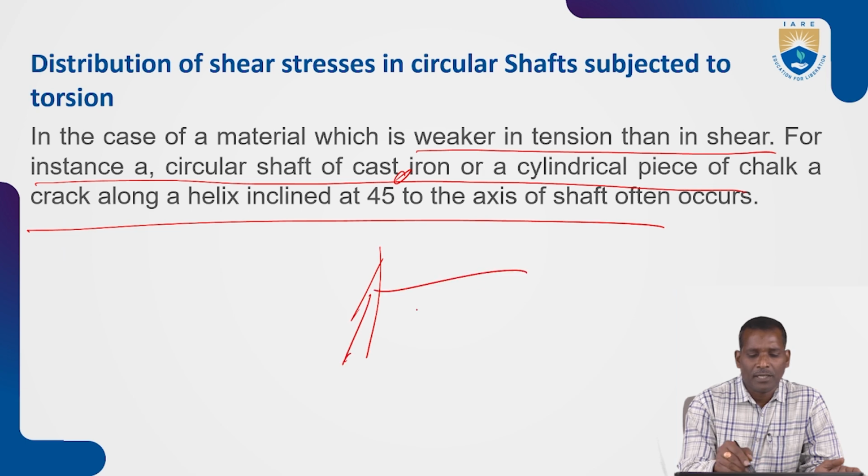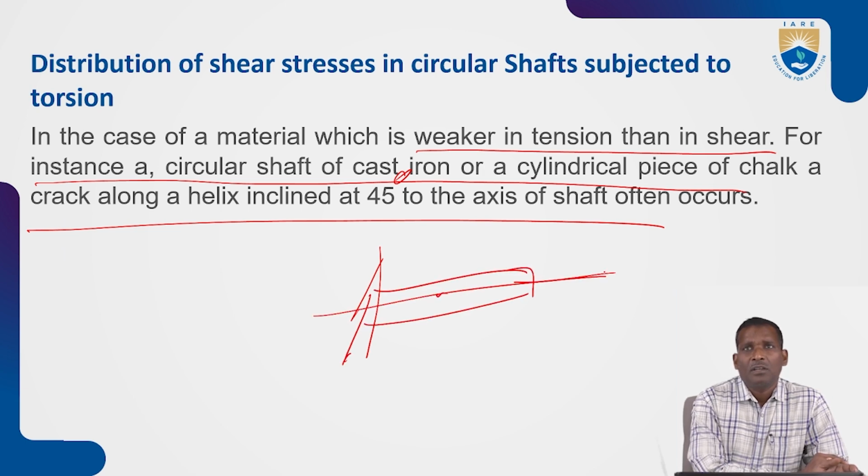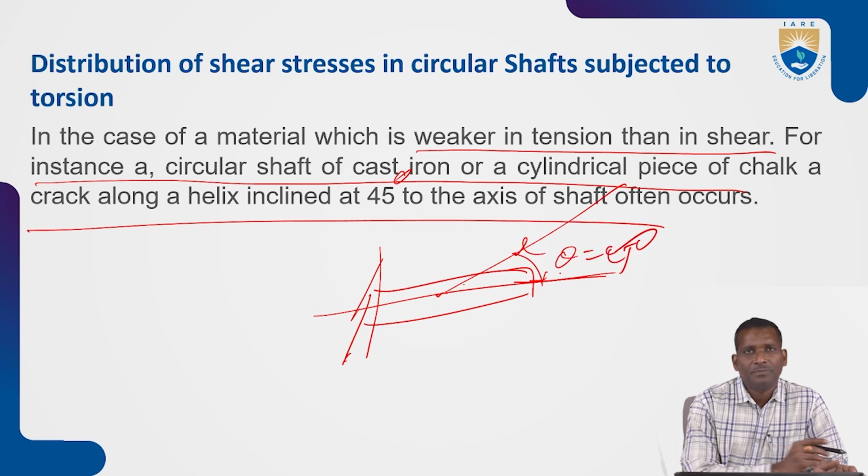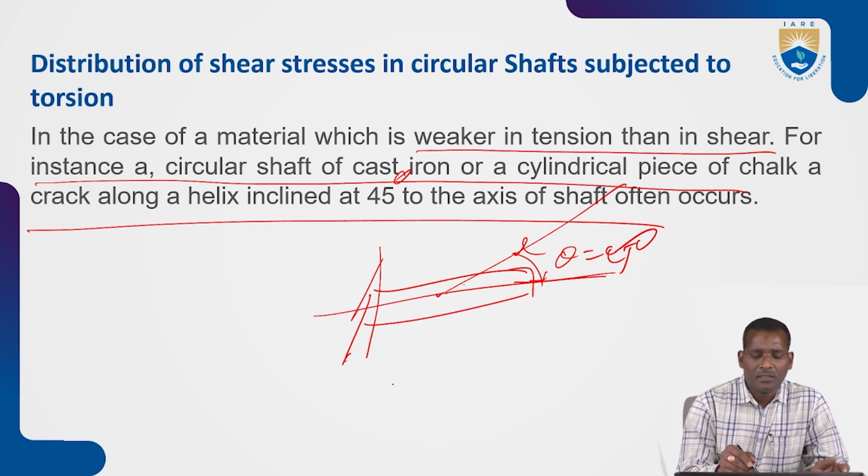Suppose you take a shaft, this is the shaft axis, the crack along a helix, so the angle theta is 45 degrees. So the material is weaker in tension than in shear, so the shaft elongates.